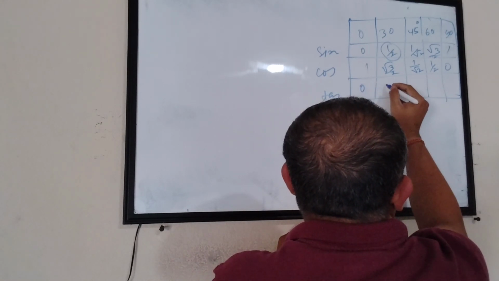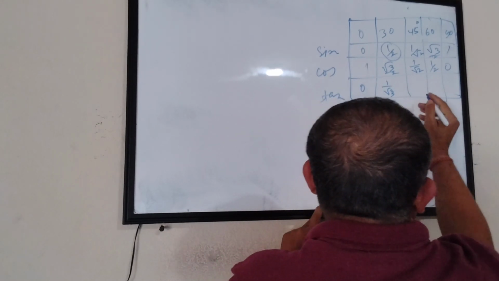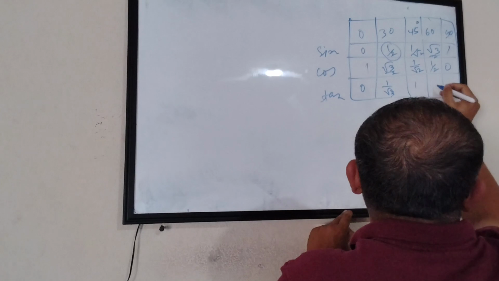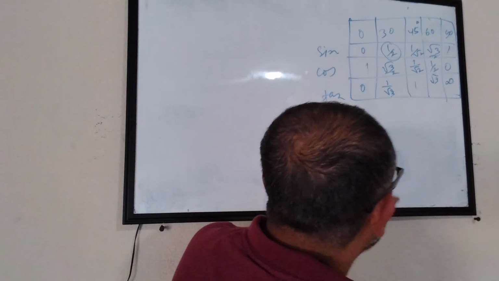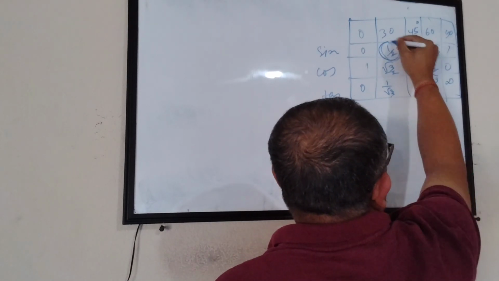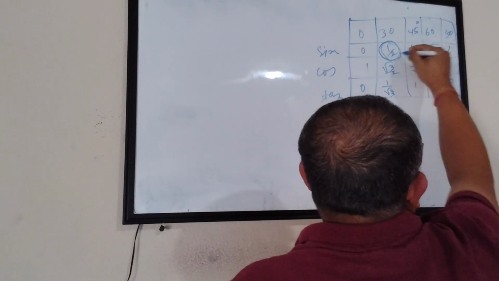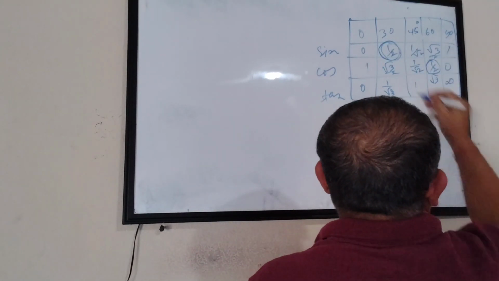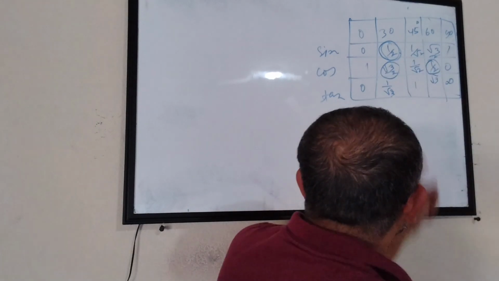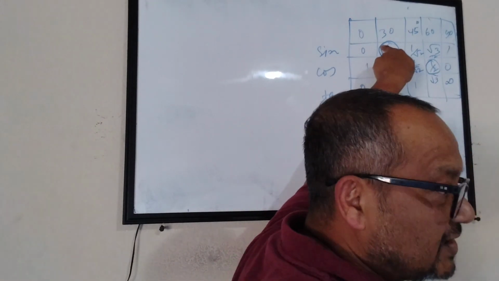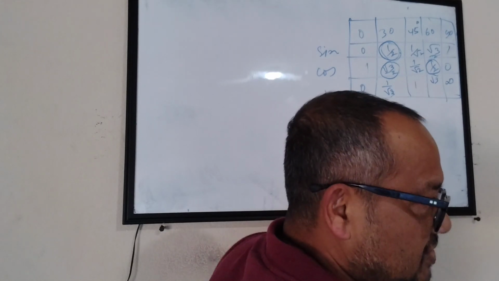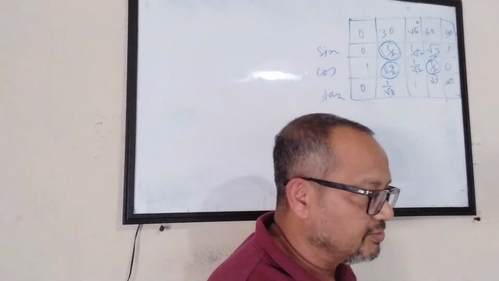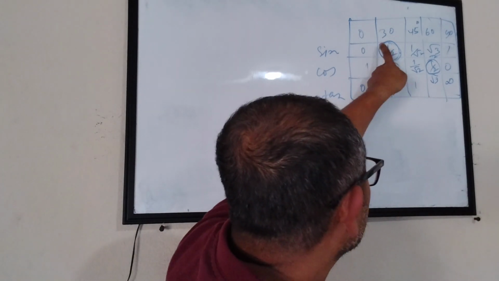Then 0, 1 by root 3, 1, root 3, infinity. So basically, if we prove how sine 30 is derived, then you can find this value, and then we'll find out sine. Once you find sine 30, it's easy to find out the cos, because it's a complementary part of that. So that's how we'll.